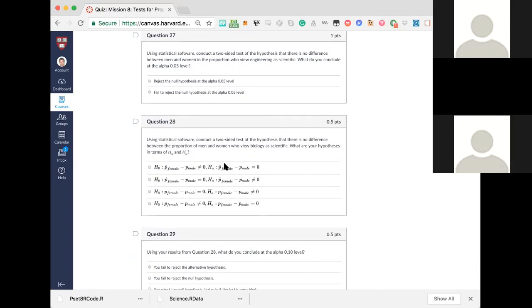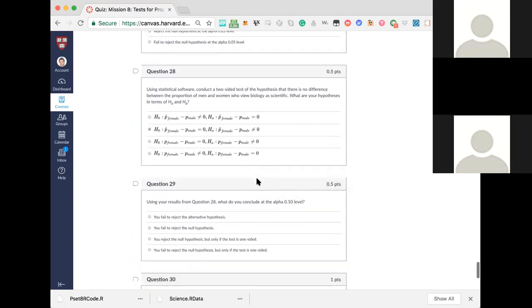So what did we say the answer to this question was? The null was P female minus P male equals 0. I believe it's the second option you have there. So it's this one then, right? Yep, that's the right one.